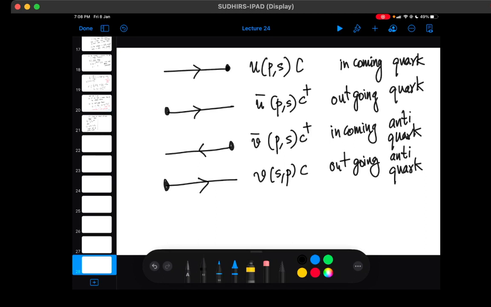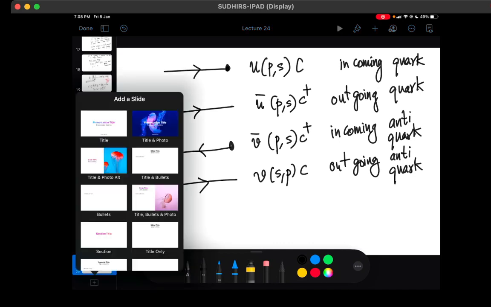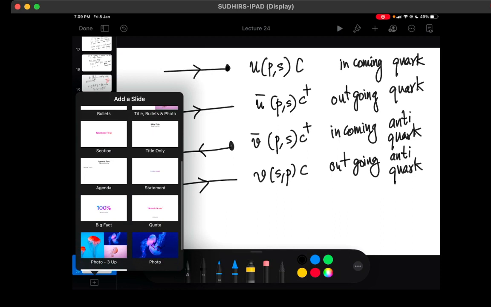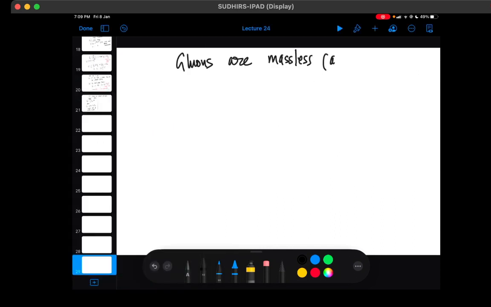Now for a gluon, gluons are massless, as the symmetry is conserved. I think we spent enough time on this.